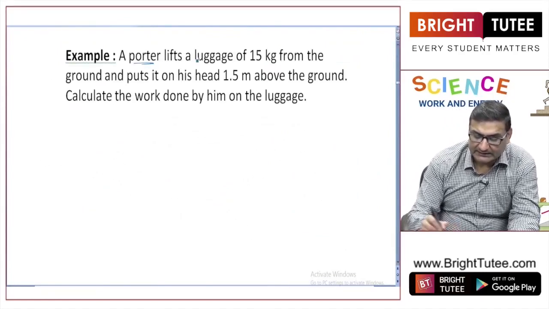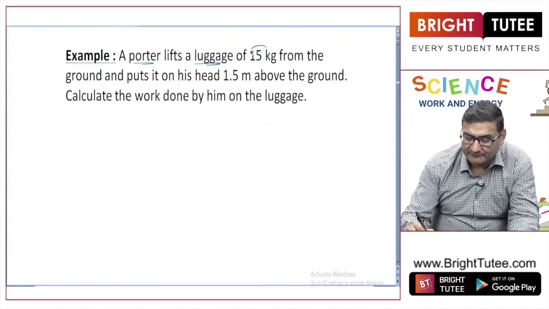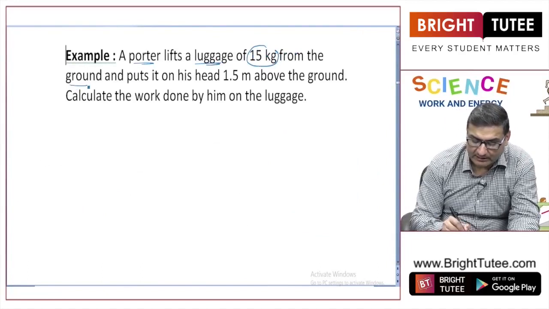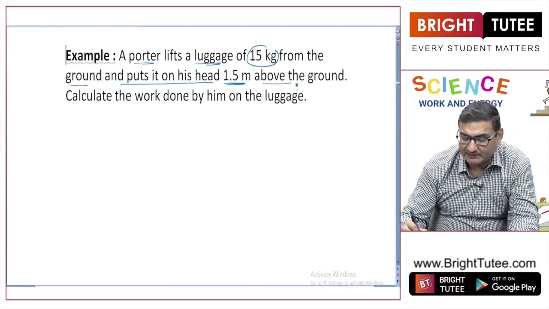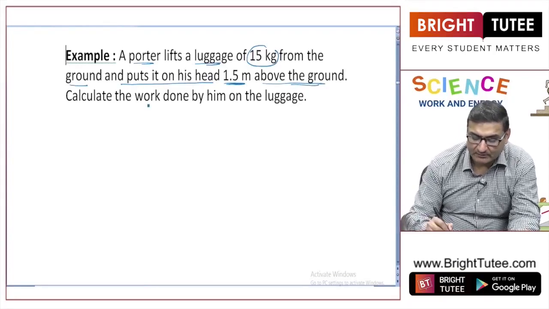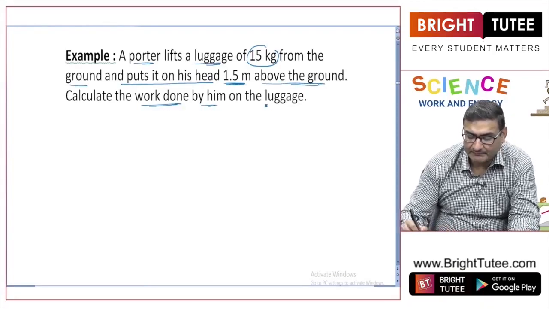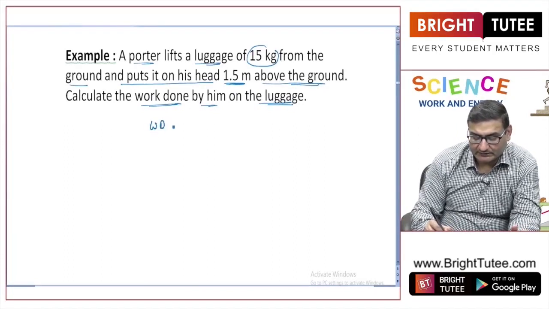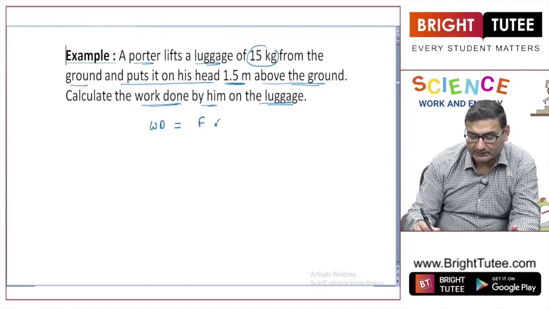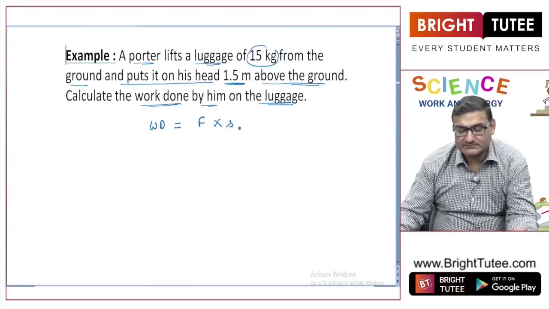Let us relate. A porter lifts a luggage of 15 kg from the ground and puts it on his head 1.5 meter above the ground. Calculate the work done by him on the luggage. Now, we know that work done is equal to the product of force and distance moved.